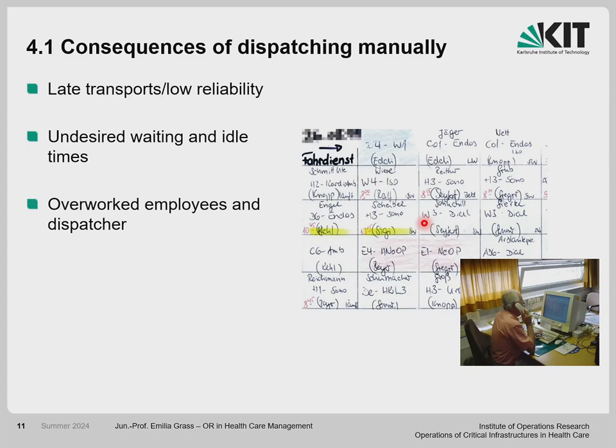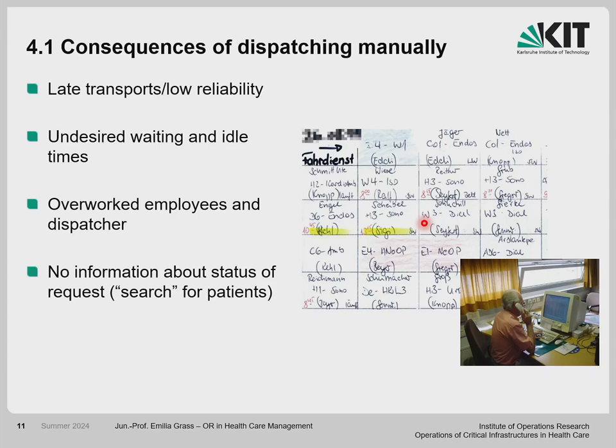So they always ask these particular staff members to carry out the transportation. And what could happen, of course, is that these teams are then stressed and overworked, and the dispatcher is also under high pressure and time pressure, because requests are always coming in, then requests are cancelled, and so on and so on. So the dispatcher himself is under time pressure.